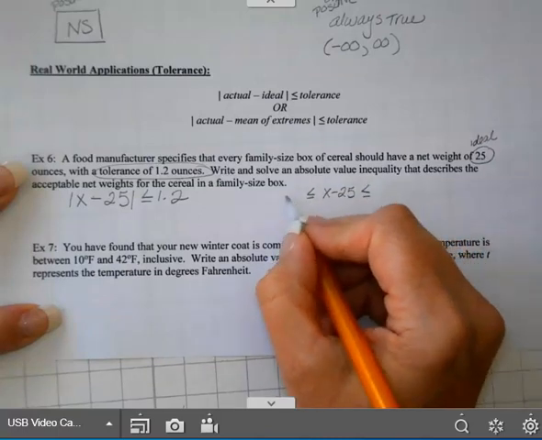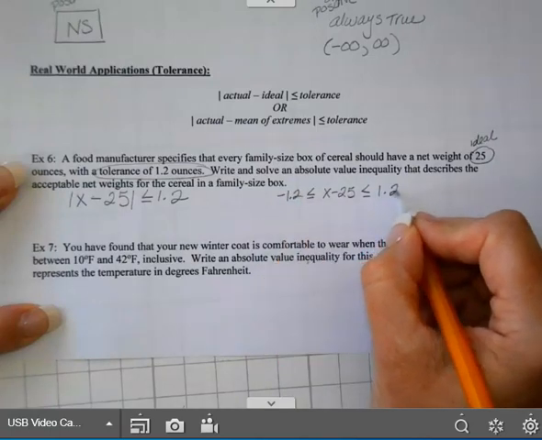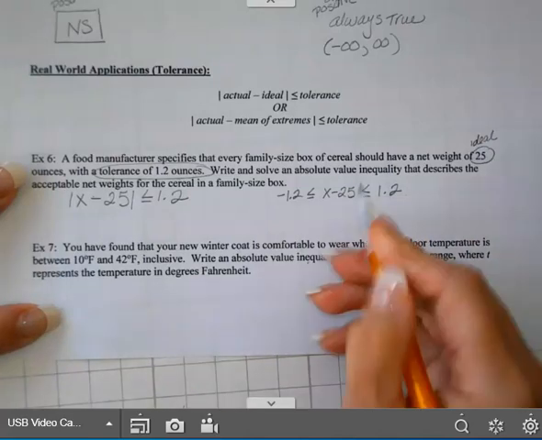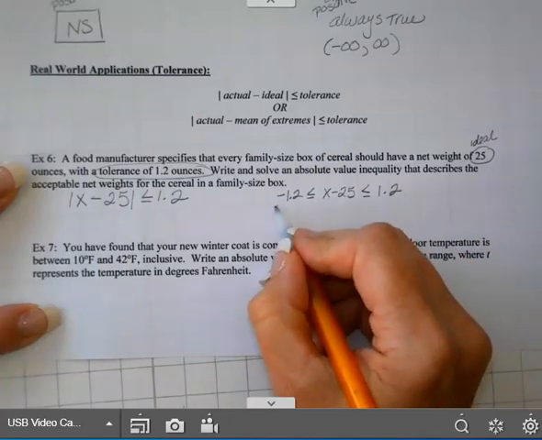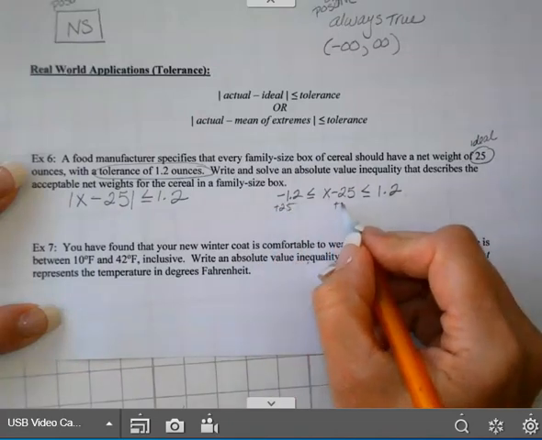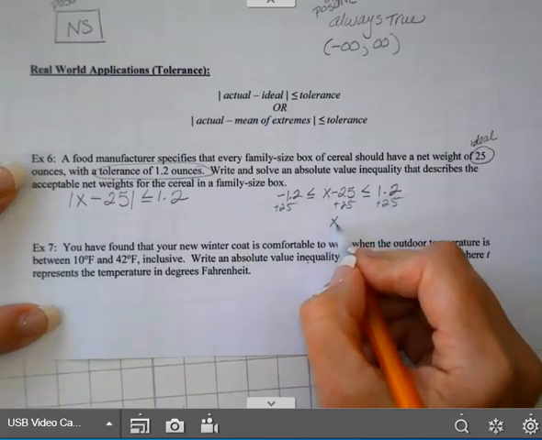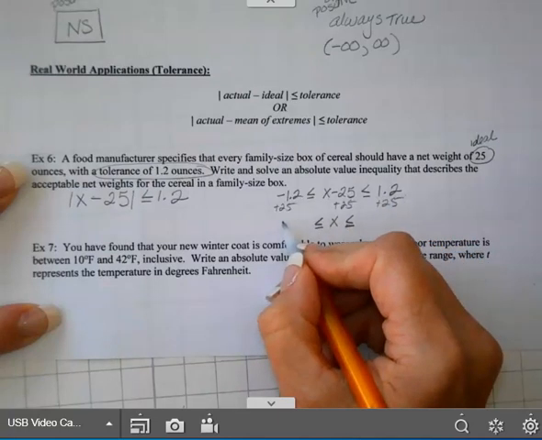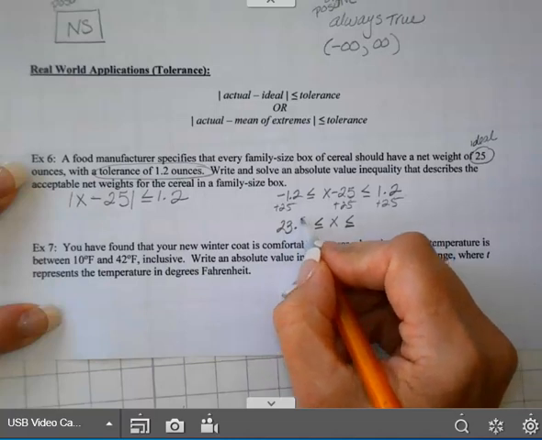So it needs to be between negative 1.2 and positive 1.2 here. And then to solve this, to get rid of a minus 25, you're going to add 25 to each piece. This is an and statement, and I'm using option 1.